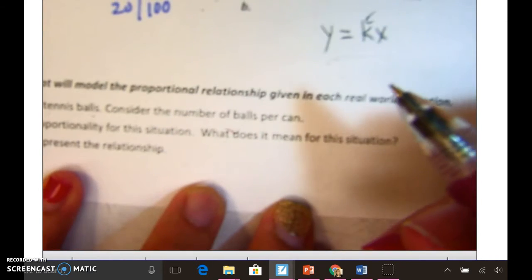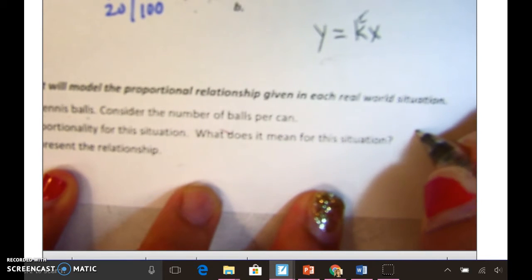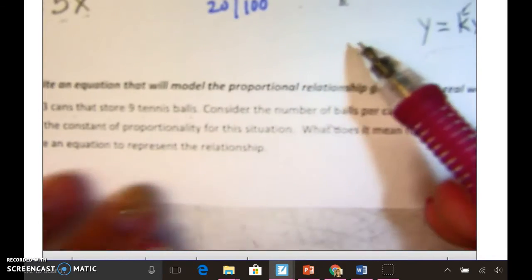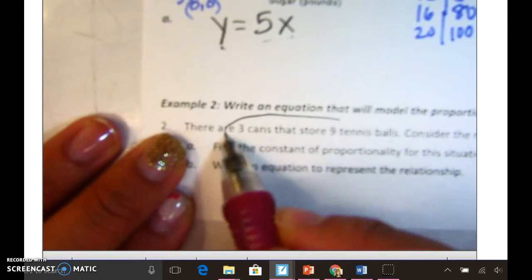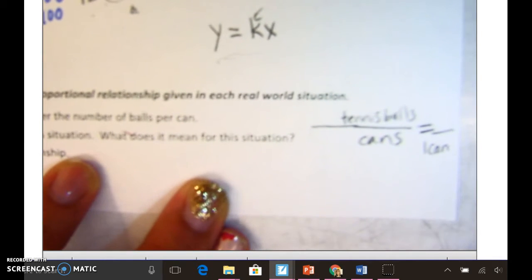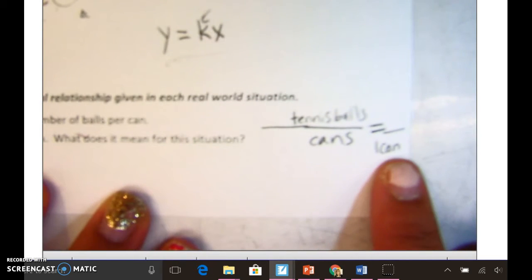So you're going to make a ratio of the tennis balls to the cans, using the information they gave you. Once you make the ratio, simplify it to lowest terms so that for 1 can, you know how many balls are in 1 can. We'll check that when you come in.